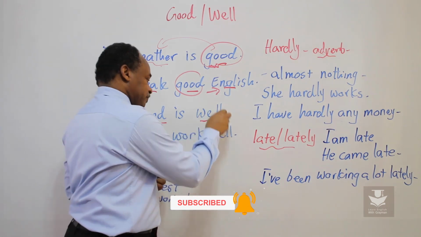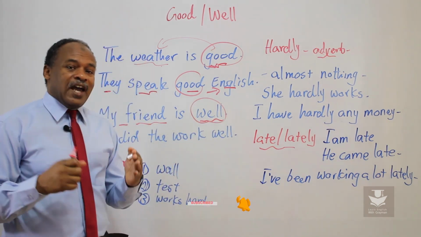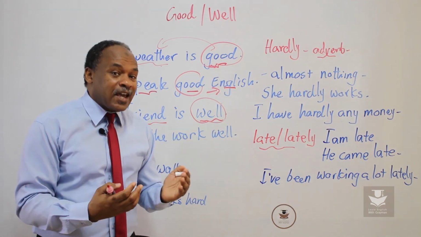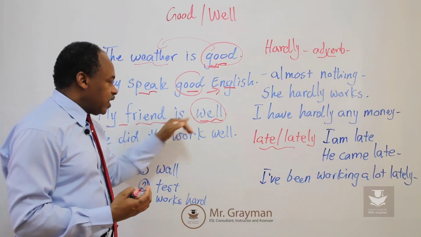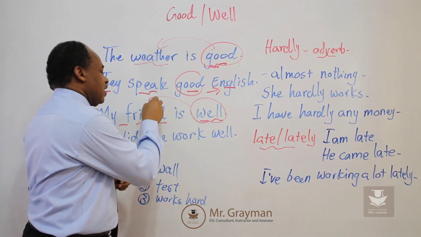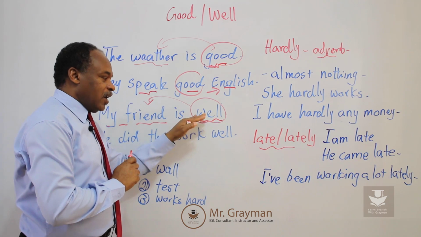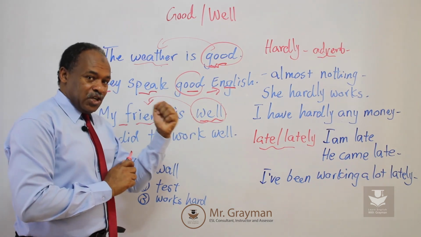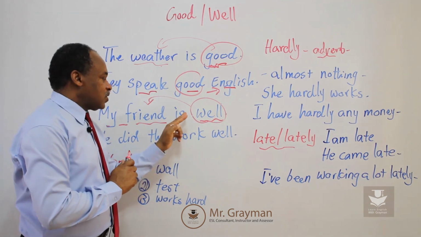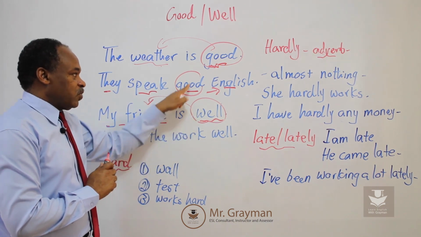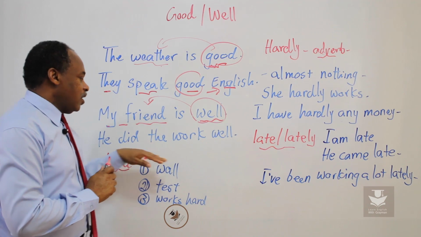So well here describes health-wise. He's healthy. He's not sick. So this one is used describing friend. He's not sick. He's well. He's in a good condition health-wise. So that means this one is an adjective, just like this one here.